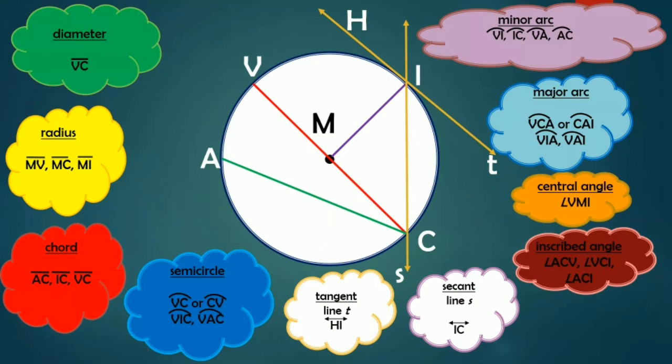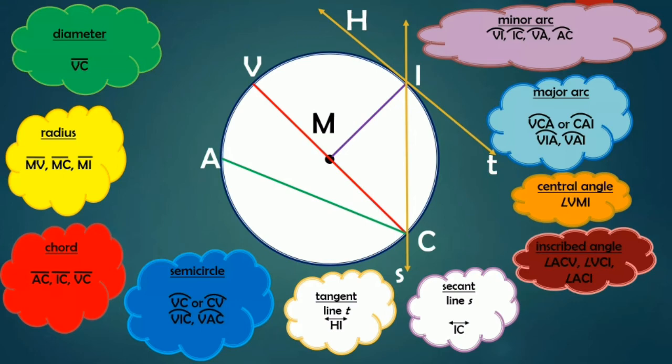Okay, next, let's have the chord. A chord is a segment whose endpoints are any points on the circle. So we have segment AC, segment IC, and segment BC. Next we have the semicircle. Remember that a semicircle is an arc whose measure is half a circle or 180 degrees.